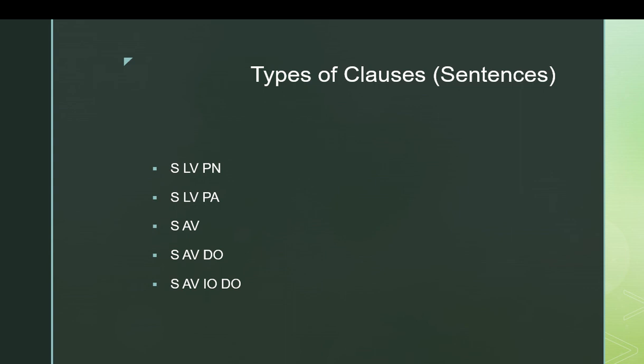Then we have the verbs that do take a direct object, and this is the majority of sentences you run into in English. Subject, your action verb, and the direct object, and then ones that also take an indirect object. In English, the indirect object always precedes the direct object. In Egyptian, it's a little complicated.